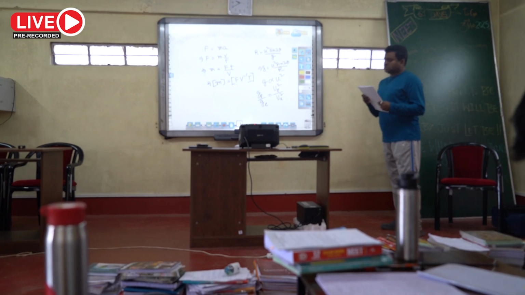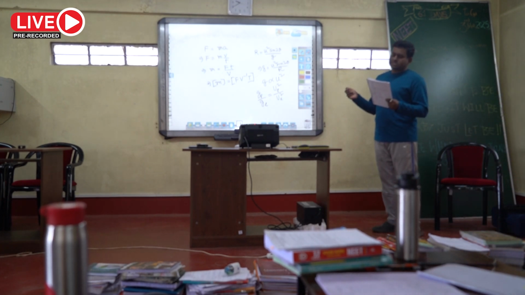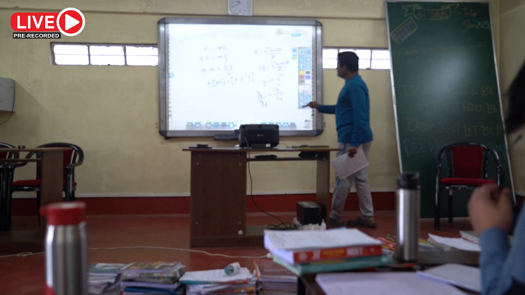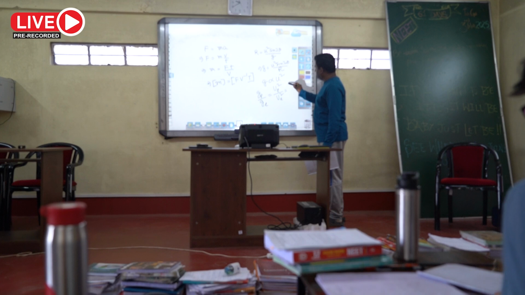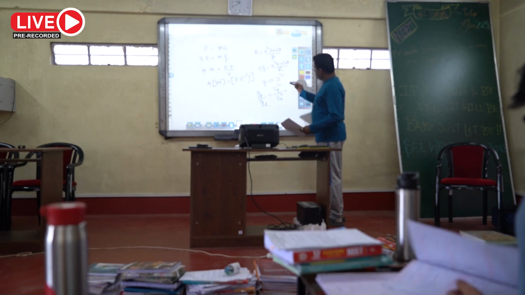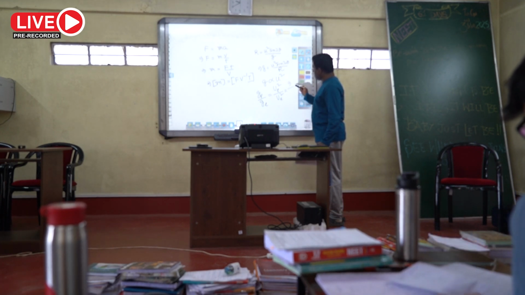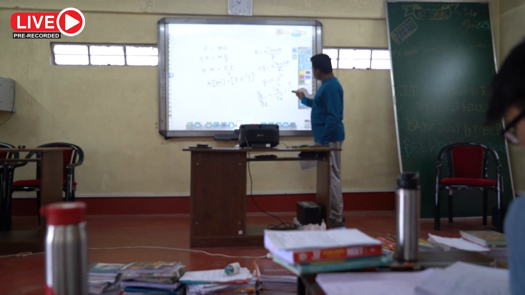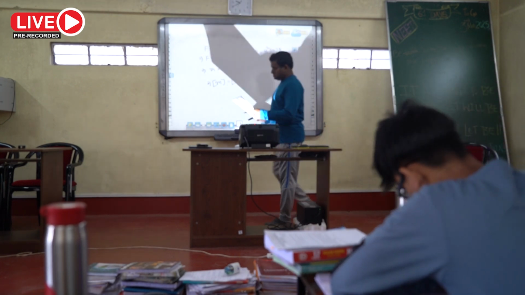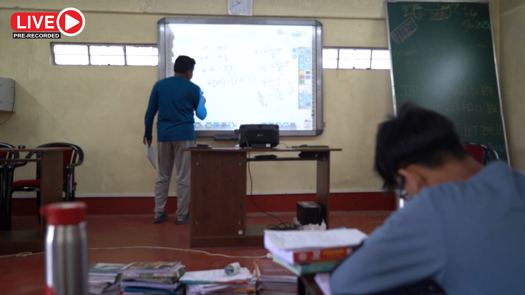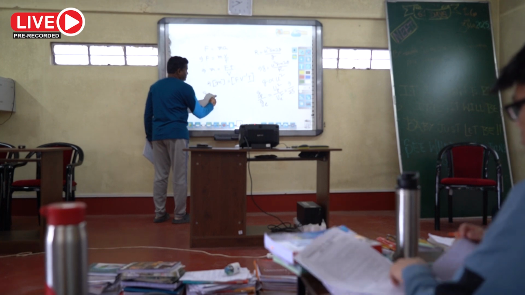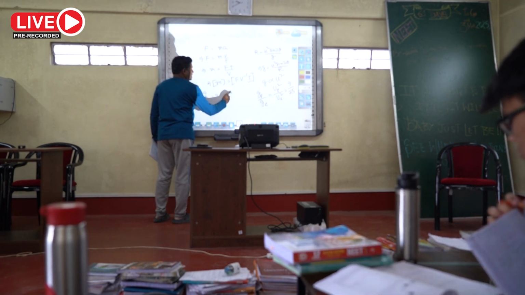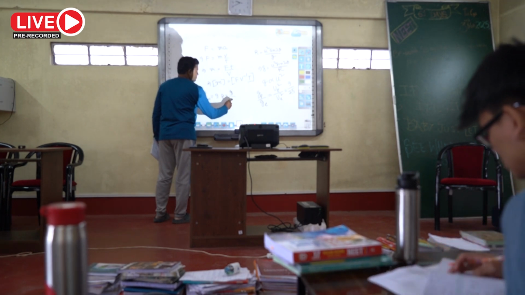Then on the Earth, the initial velocity of projection is given as 5, and on the other planet it is 3. So it will be 3 square, that is 9, and this one will be 5 square, that is 25. Now gP will be g, which is given as 9.8, into 9 by 25.